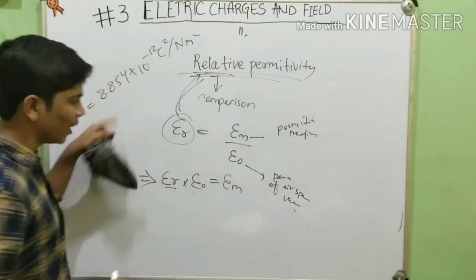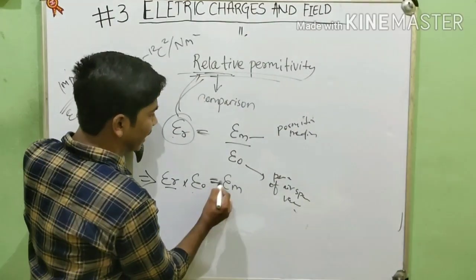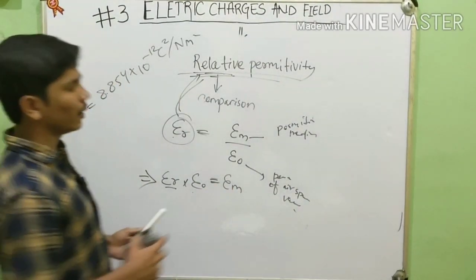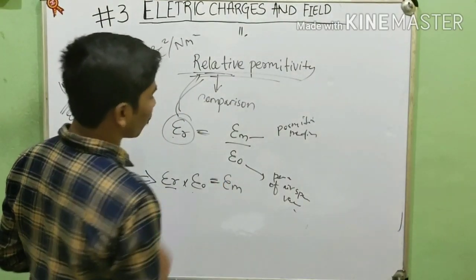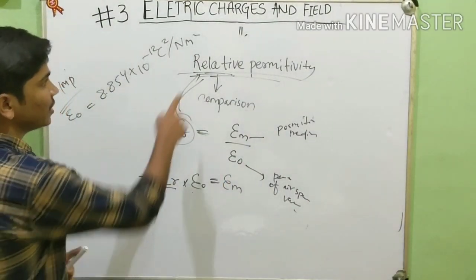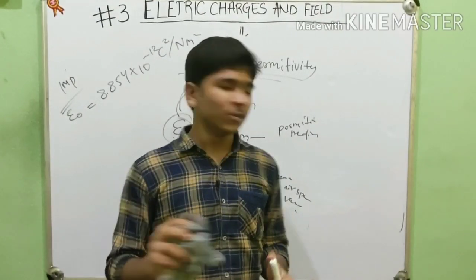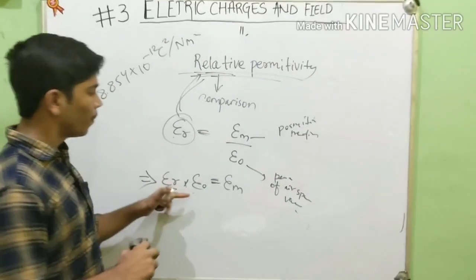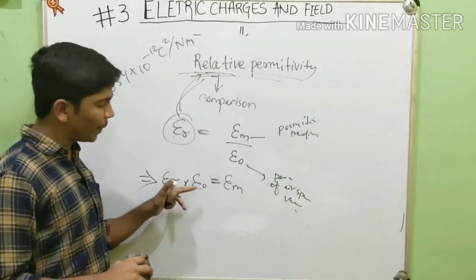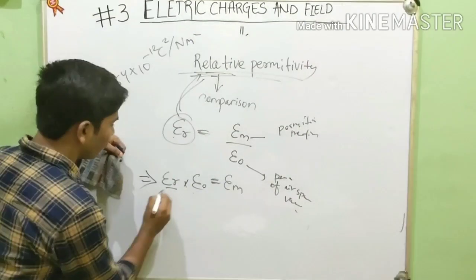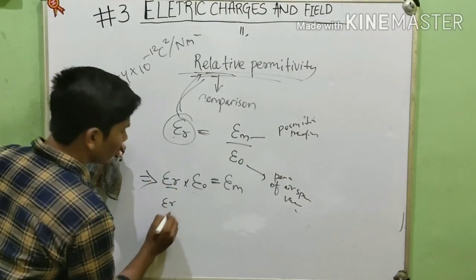Remember this important value, and it is equal to EM, the permittivity of medium. So we can tell that the relative permittivity is the number of times of the permittivity of air.